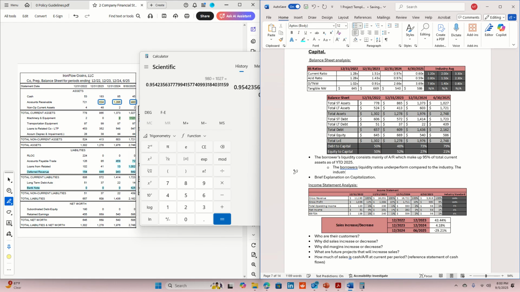The industry median for current ratio is 2.00x as of, compared to the borrower's 0.60x.